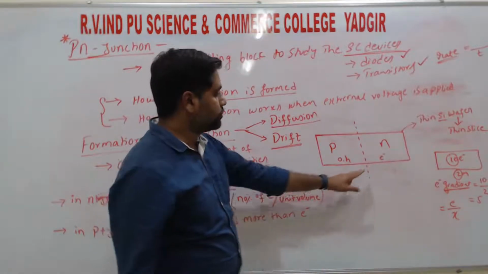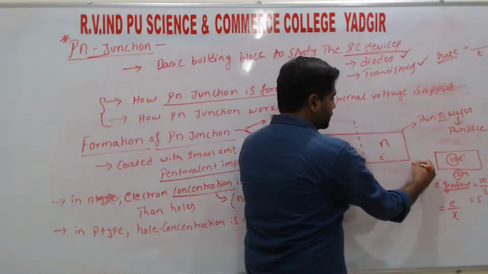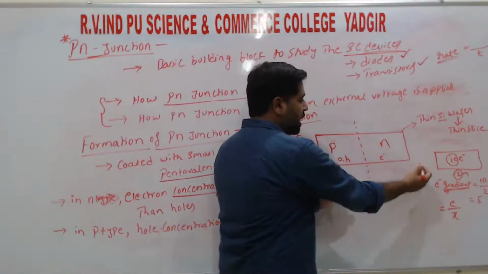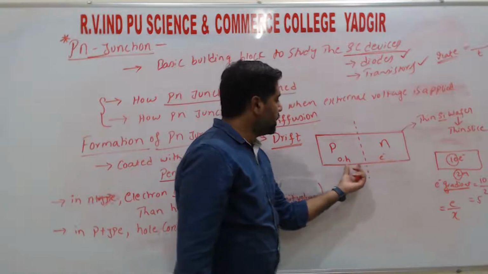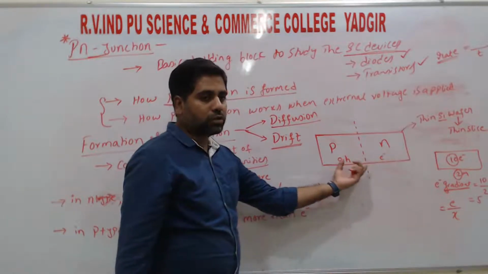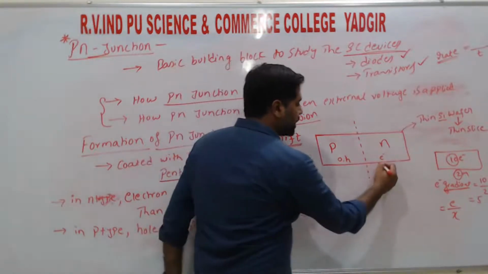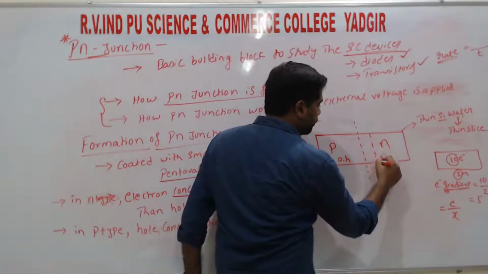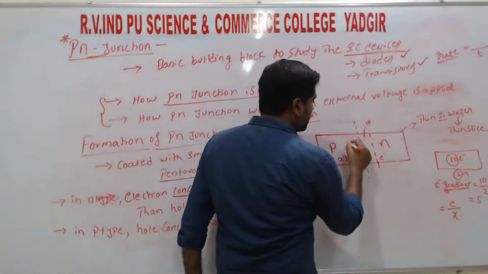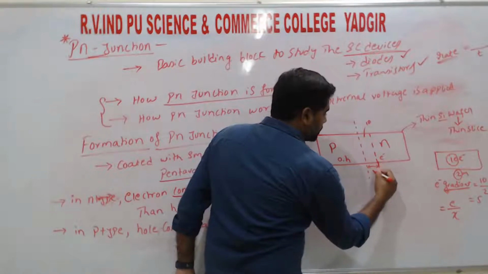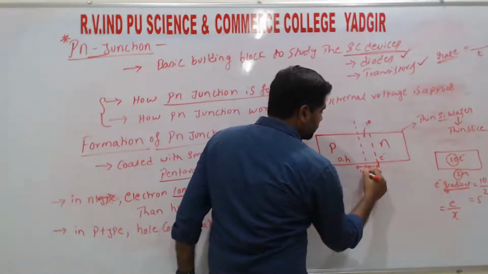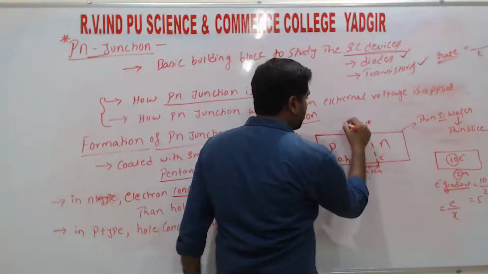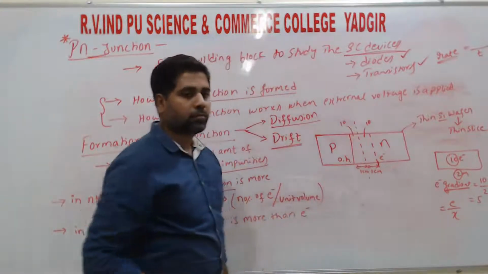So here we have up to this much length. Both sides have the same length. That means the gradient of the electrons is equal to the gradient of the holes. Both are the same. If we consider up to here, we have 10 electrons for this distance of 1 centimeter. Similarly here, for 1 centimeter, again we have 10 holes, right?